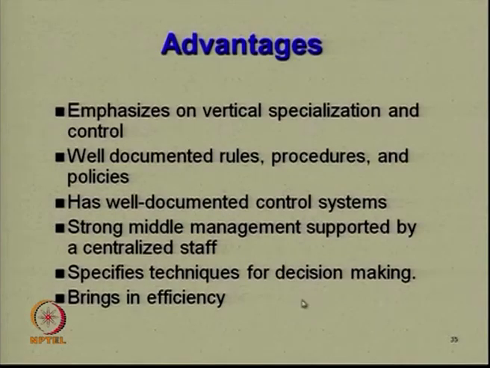It has some advantages. It is not as if the mechanistic organization has no advantages. It emphasizes vertical specialization, well documented rules, procedures, policies, and has well documented control systems. When the neck turns 30 degrees, you get hit on the forehead. Wow, perfect control mechanism.